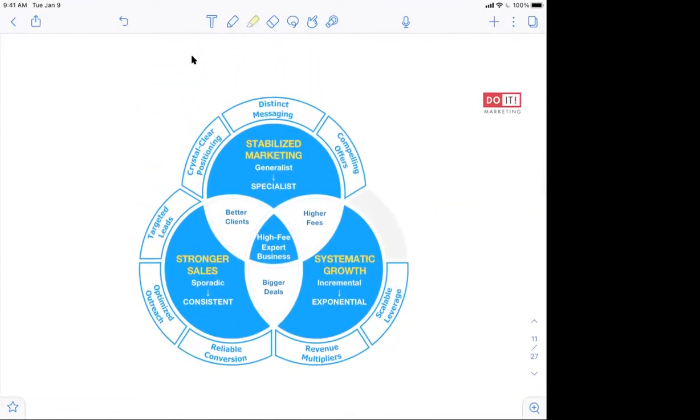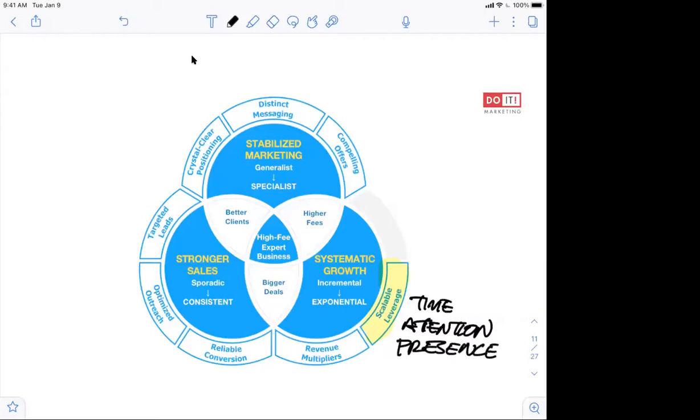Scalable leverage is accelerator number 8. Here's the question. I made mention of this earlier, promised to come back to it. To what extent is your income dependent on your personal time, attention, and presence? In other words, have you built a business or have you just built yourself a nice job?